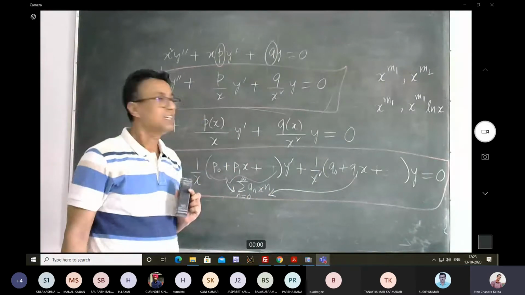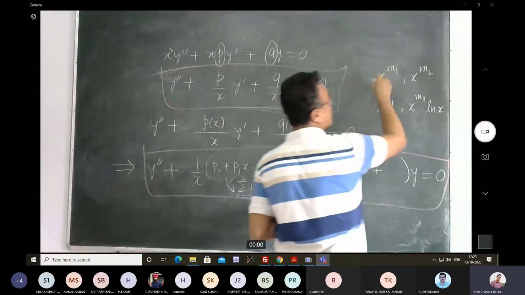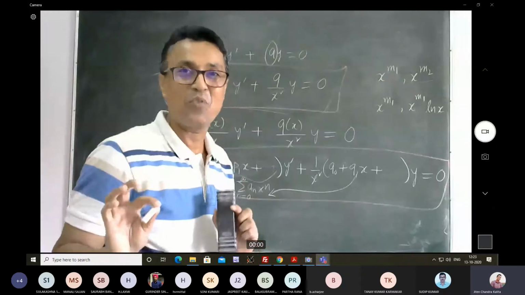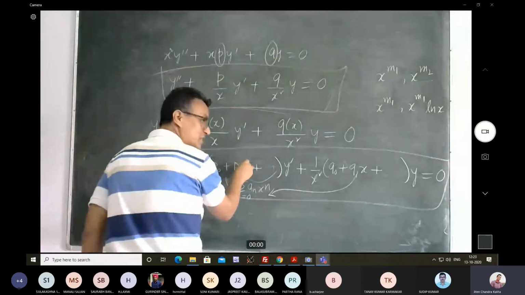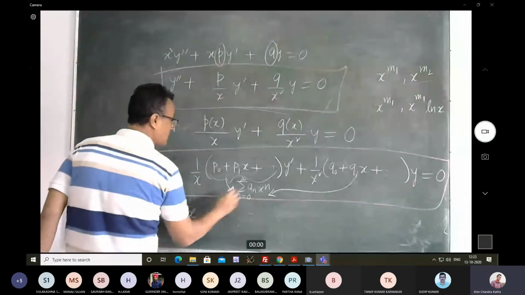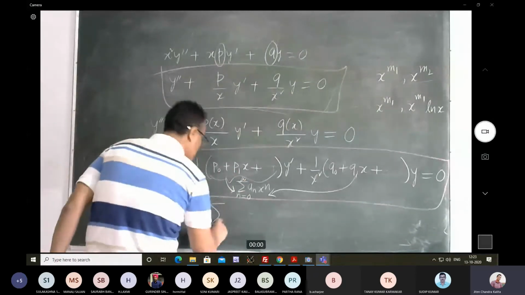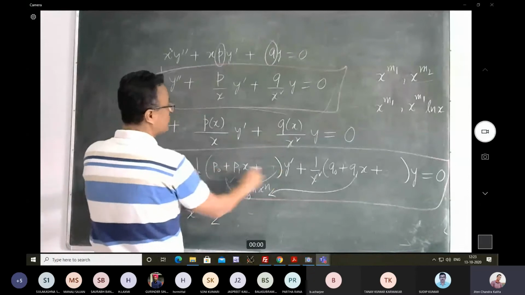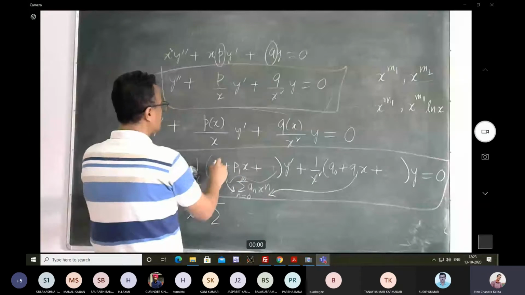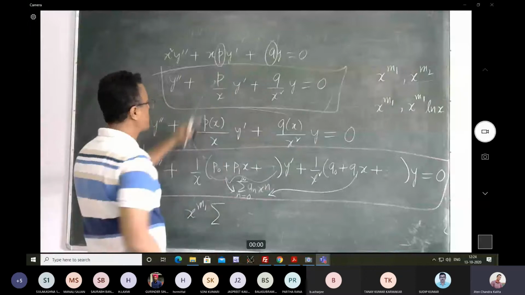So that gives an idea that if with constant coefficients the solution of this equation is of this form, then probably, I'm not saying that definitely it is going to work, the solution of this equation is going to be of the form x to the power m1 into an infinite series, because this one I could have written as p0 into 1 plus p1 x and so on, and this p0 is equivalent to this p.